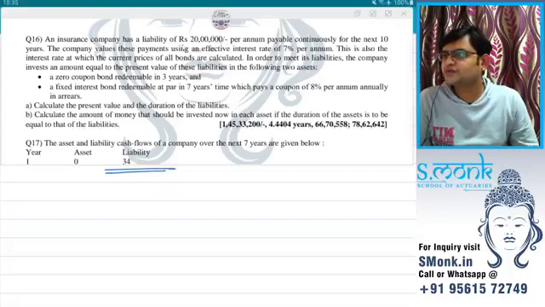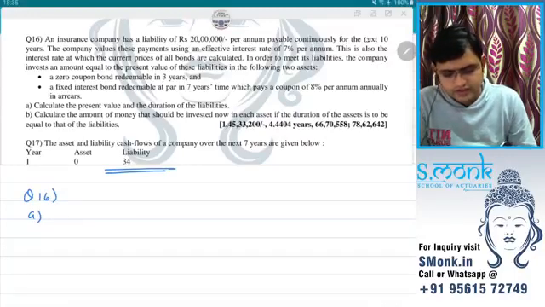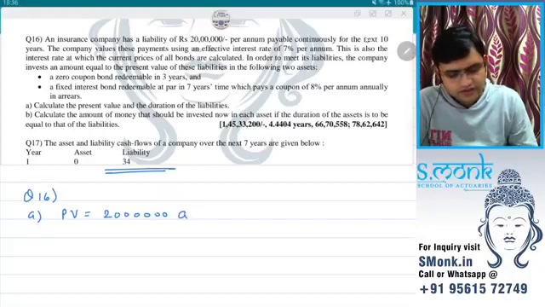So insurance company has a liability of 2 million per annum payable continuously for the next 10 years. So question 16, A part, present value and duration. Yep, I'll just make the equation. So present value will be 2 million and we'll A for 10 years, right?